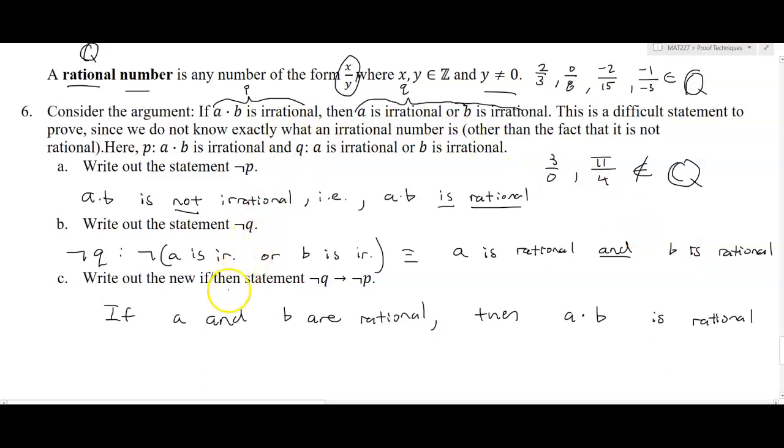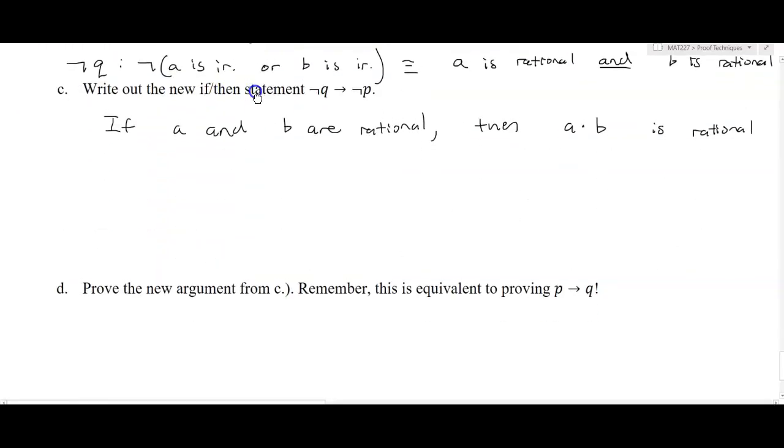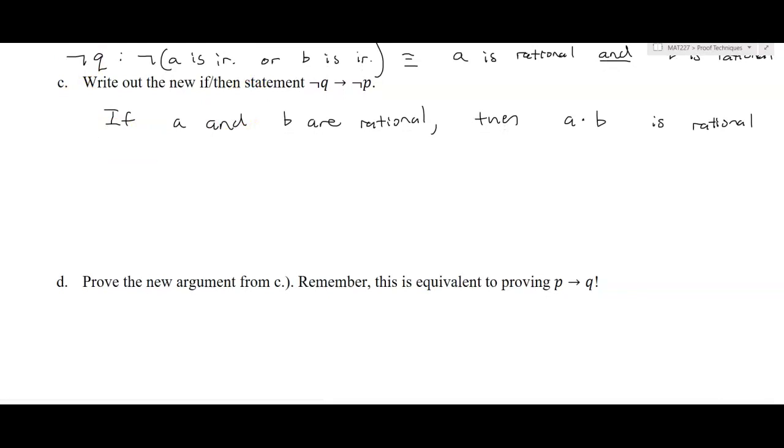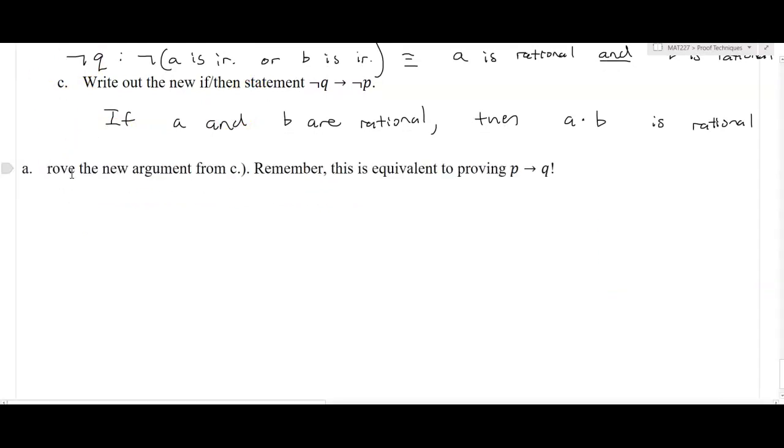Okay, great. So I'm going to assume that A and B are rational. And when I do that, then by definition of a rational number, A is the ratio of two integers, and B is also the ratio of two integers. This will make it incredibly useful to be able to prove this argument. Let's go ahead and do that, and that'll be our last problem here.